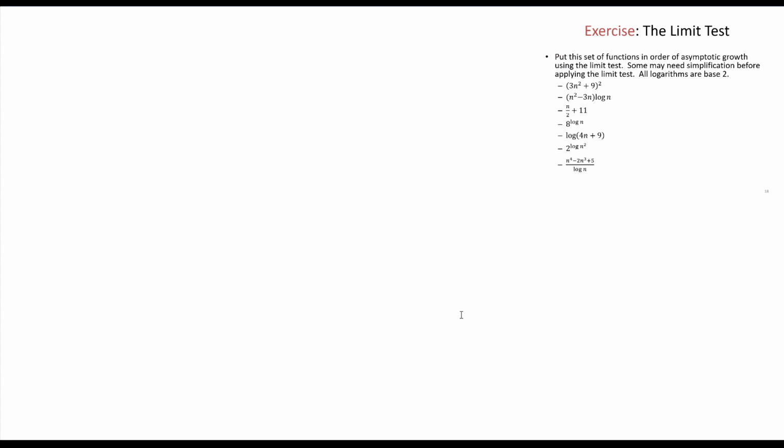All right, to complete this video, I would like to do a simple exercise here. We're probably going to use the limit test here as well, but we might use some other techniques as well. The goal here is, say you've got a collection of functions. Maybe these are functions that represent the runtime of a particular algorithm or a collection of algorithms you have.